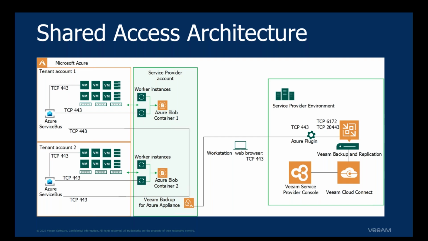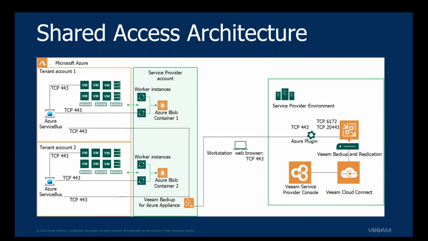The source of the data is the production data located in the public cloud account of the tenant. So you see a specific tenant account 1, tenant account 2 at the left side of the screen. Then you have the service provider account, which has the worker instances and the Azure Blob container. Once more, mainly focus on connectivity, the service provider environment, which contains the Veeam Service Provider Console.